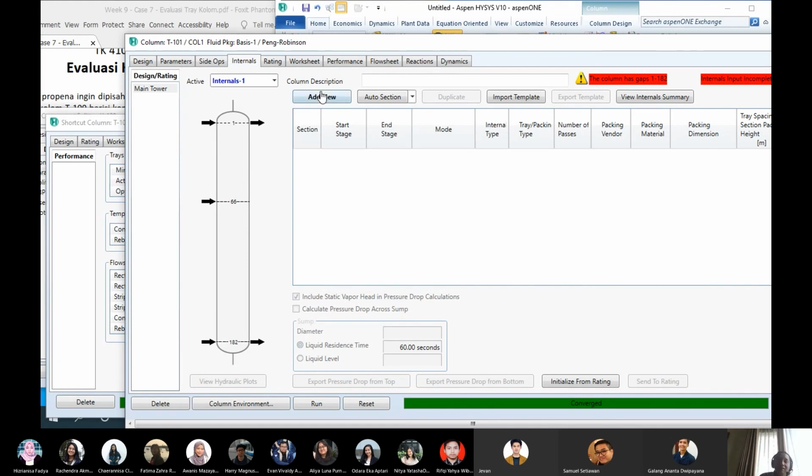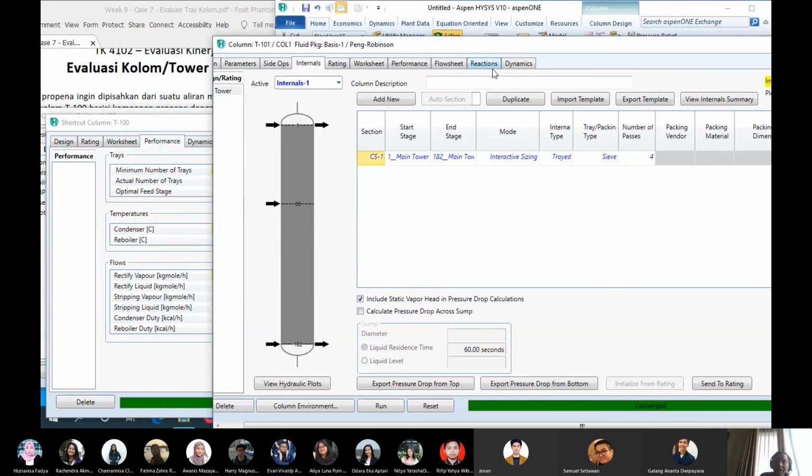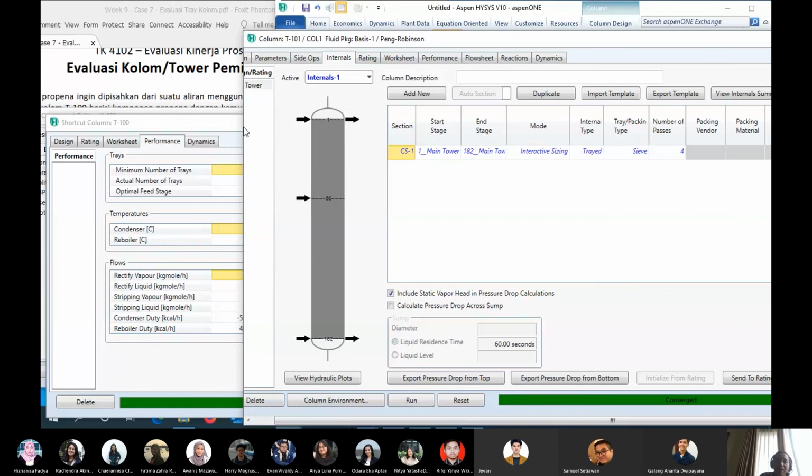Yeah, so I will add a new section. Okay, I will start from the tray number 1 until the inlet tray.